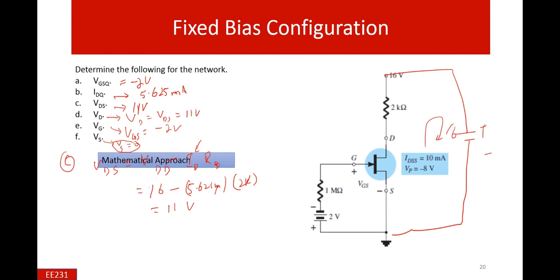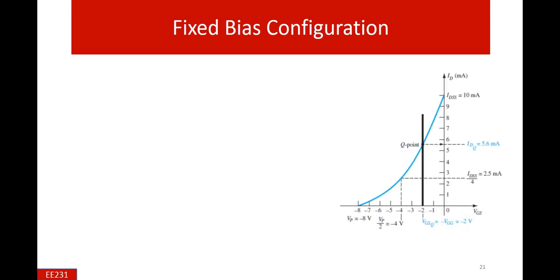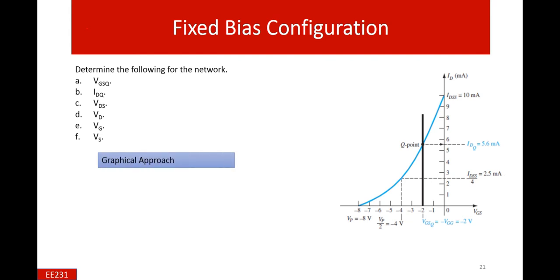So next, how to find this graphically. Again, the fixed bias configuration, and we have to find these values as we discussed in the last portion, and the same values can be found through the graphical approach. As the behavior of the device is given, this is the maximum value of the current at VGS equal to 0, and this is the minimum voltage we can apply, the pinch off voltage.